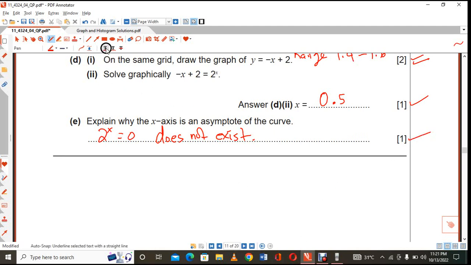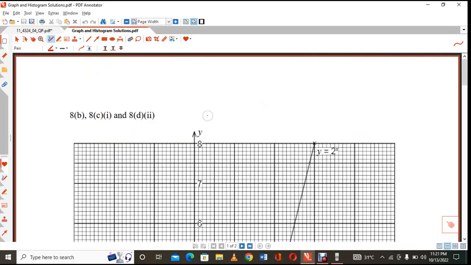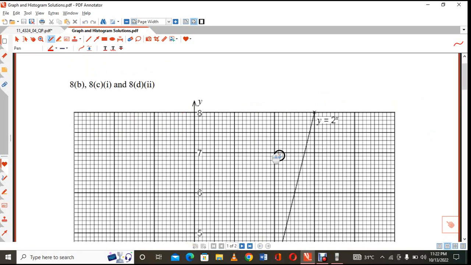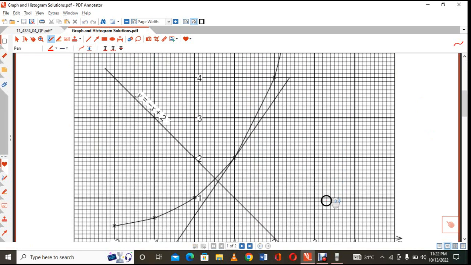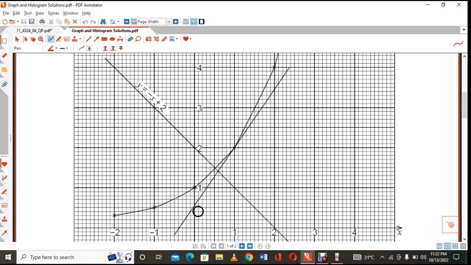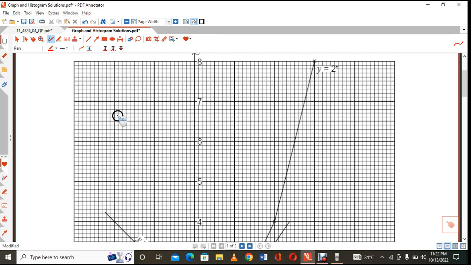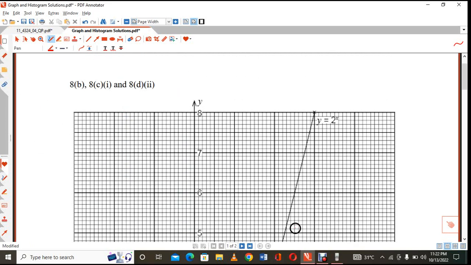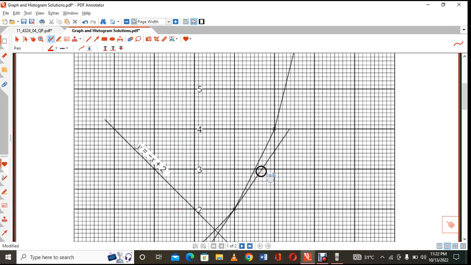Let's go quickly back here, looking at what I have. It appears that this is a smooth curve. This is more or less how the answer should be if you were to draw it nicely on your graph paper. Remember this is a curve, not straight lines.